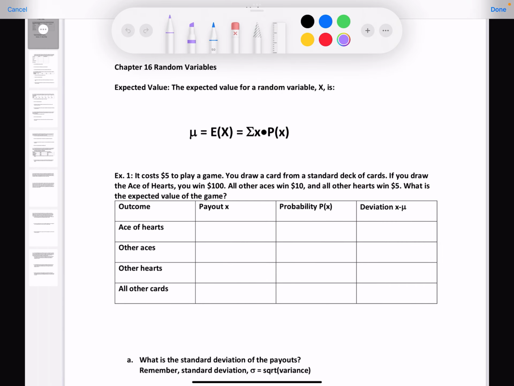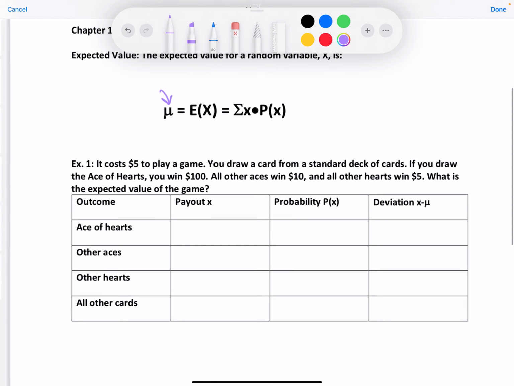Okay, so expected value. The expected value for a random variable X is in here. So the mu stands for the average or the mean.